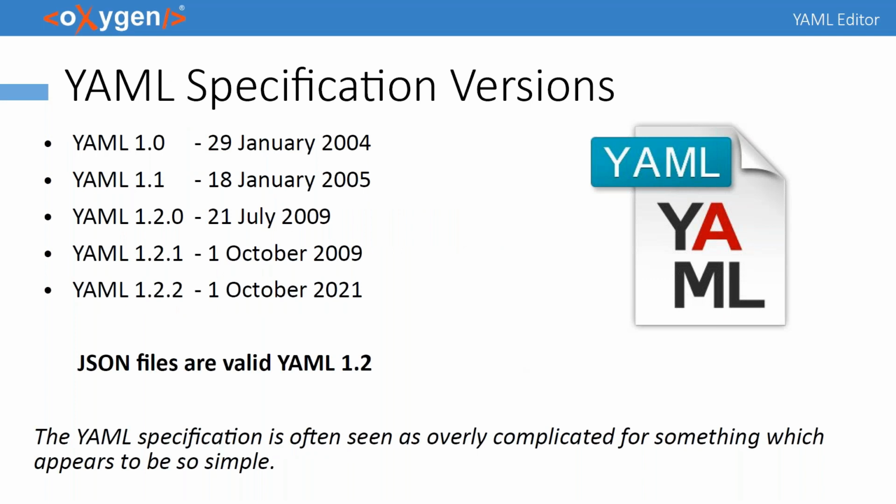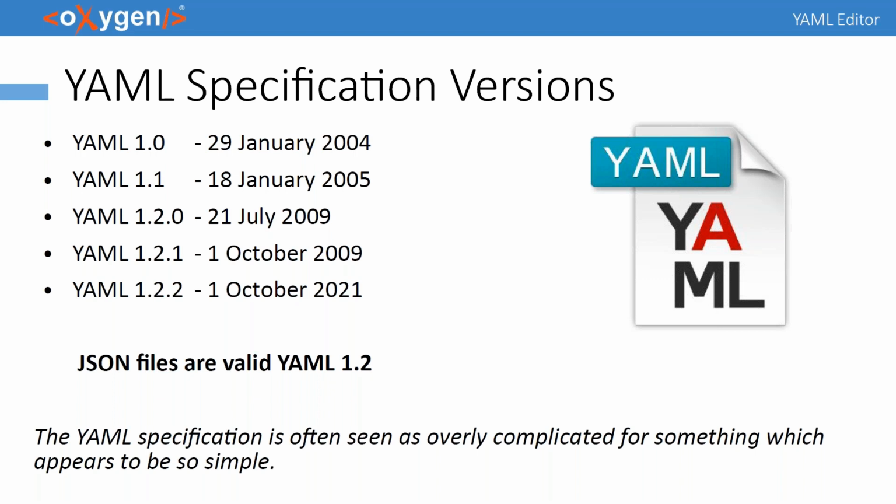There are different versions of the YAML specification. The first version was in 2004, then the second version in 2006, or 2005, and starting with version 1.0, JSON files also became valid YAML.